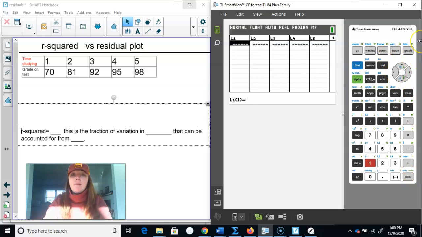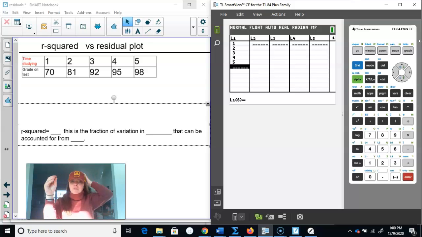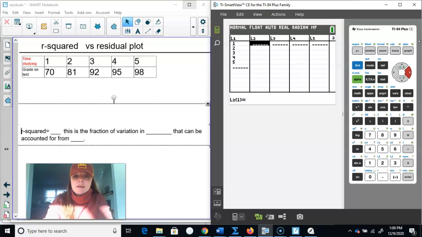I'm going to enter 1, 2, 3, 4, 5. This is my explanatory variable. What we are stating is the time we spent studying is going to influence our grade on the test. And we're going to scroll over here, and L2 is going to be our Y, our response variable. So we have 70, 81, 92, 95, and 98.